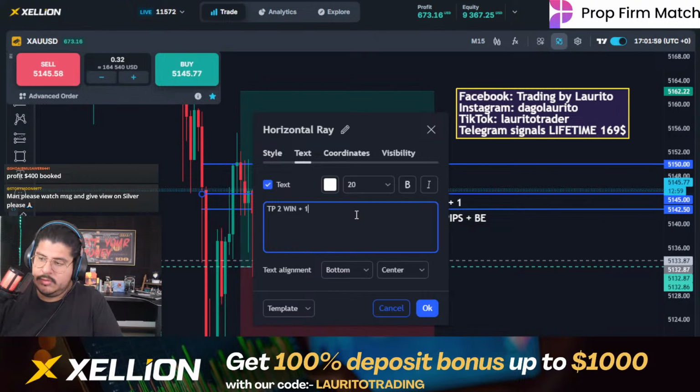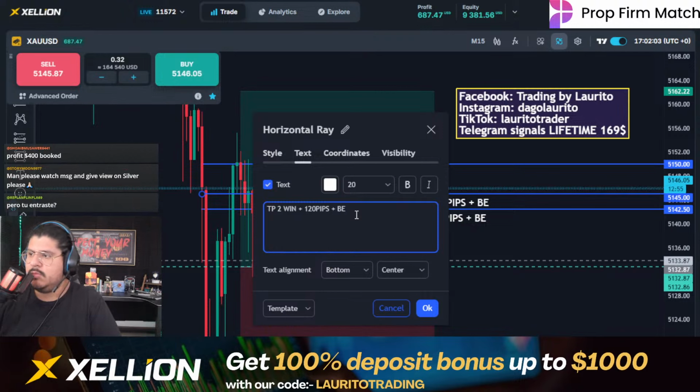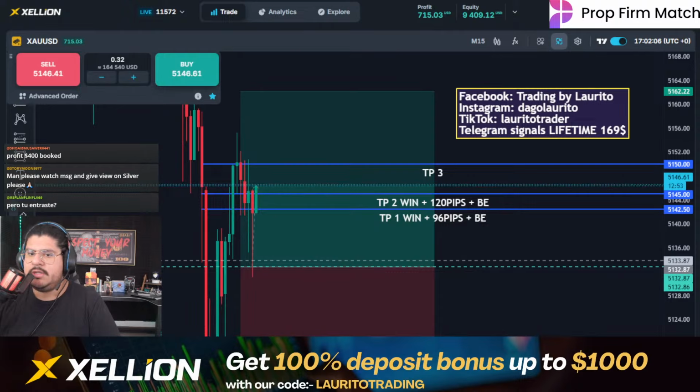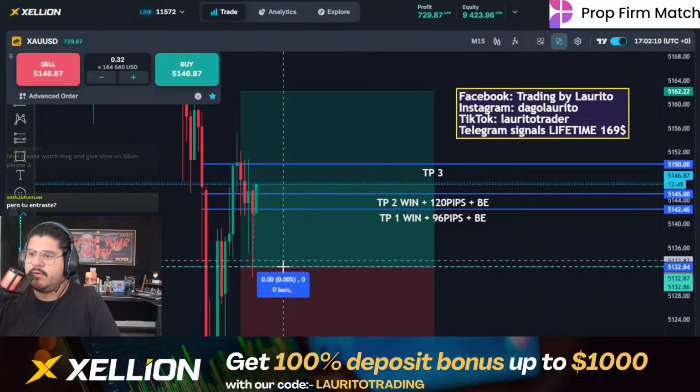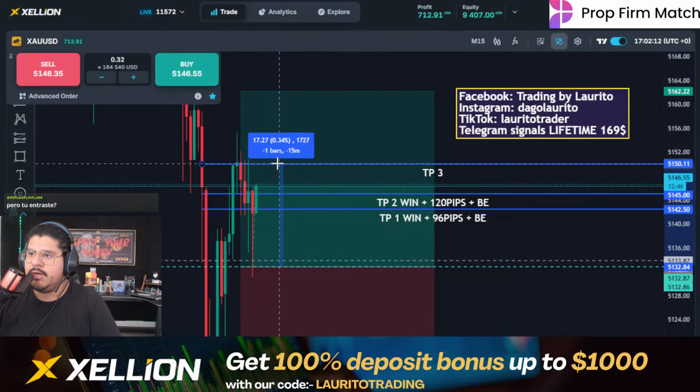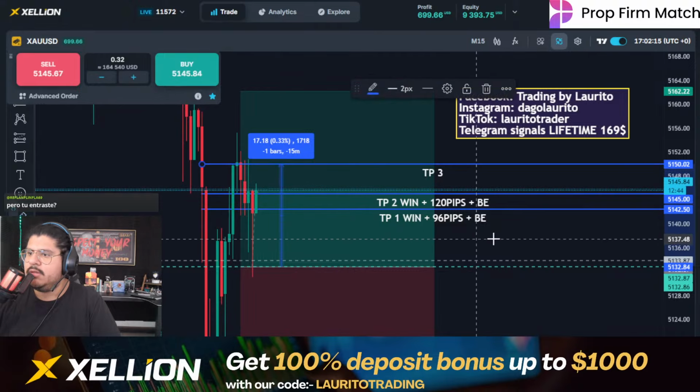Close. So let's see for the TP3. TP3 is for 172 pips.